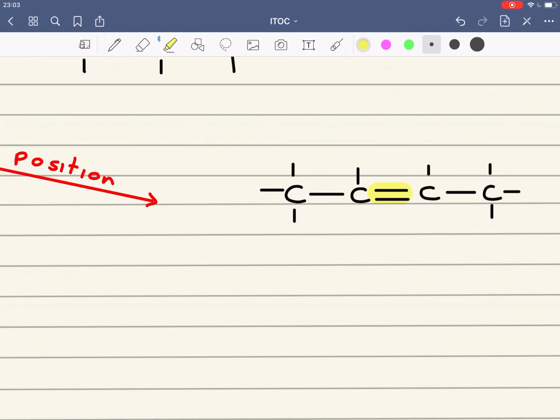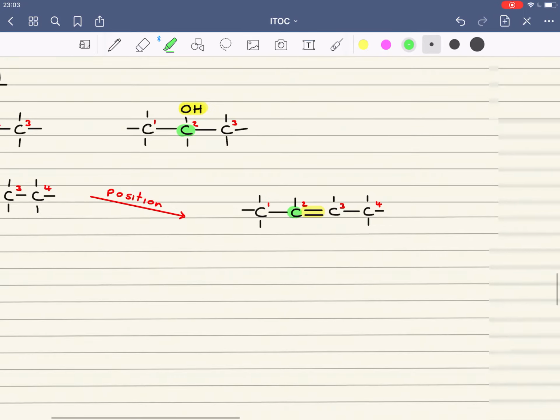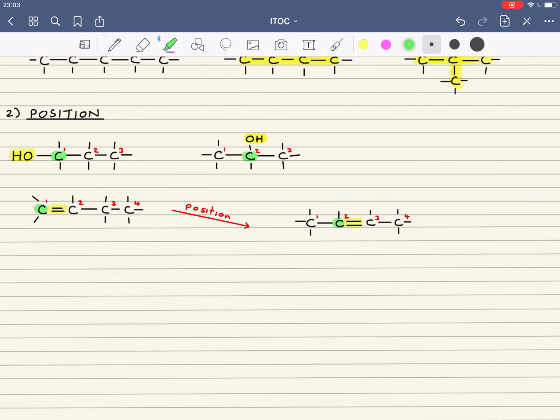So that's my functional group. And now you can see that it's on carbon number 2. So that but-2-ene would be a position isomer of but-1-ene.